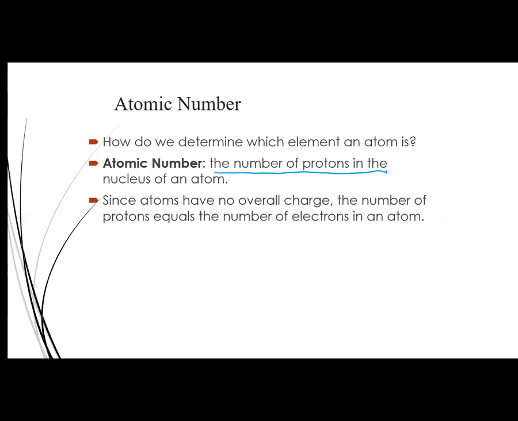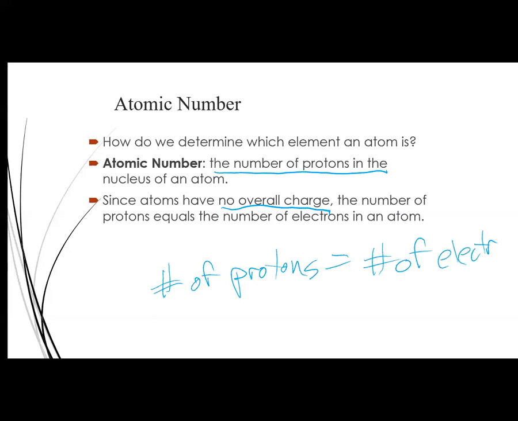Now, overall, when atoms are found, they're going to be neutral. What that means is that their charges are equal to each other, so our number of protons should equal our number of electrons in order to keep that charge balanced.